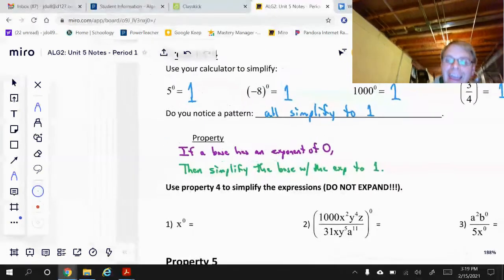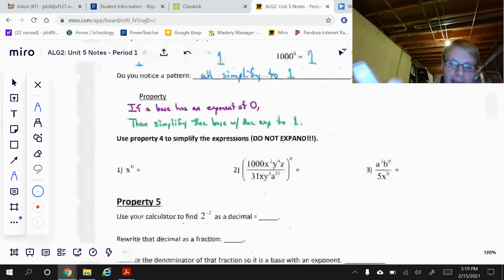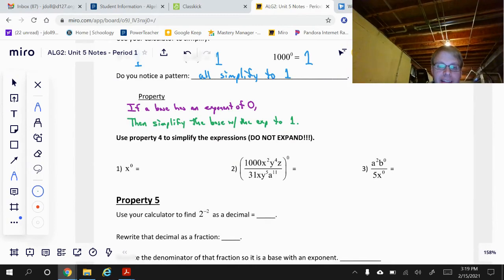We don't make the exponent itself 1, guys. Notice this didn't become 5 to the first. It literally, the 5 itself became 1. As we said before, there's a couple of examples to practice. Come and check your answers in the notes. I'll fill those in after the video and ask questions if you got any questions on those.